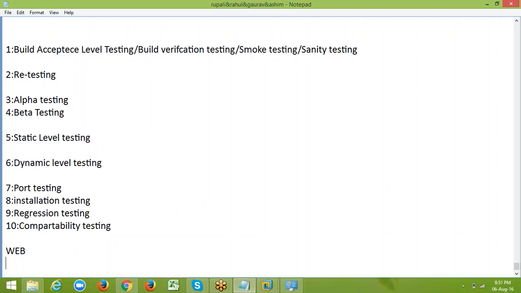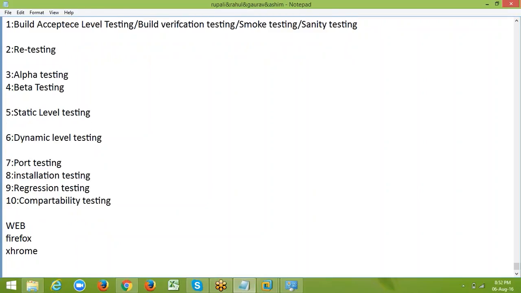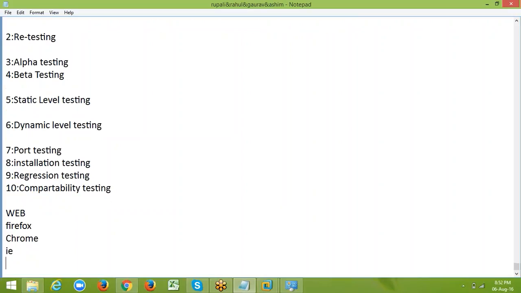Means, is it opening with Firefox? Is it opening with Chrome? Is it compatible with Chrome, Firefox, Internet Explorer, IE, Safari, right? We have to make sure, right? So that is what compatibility testing is about.